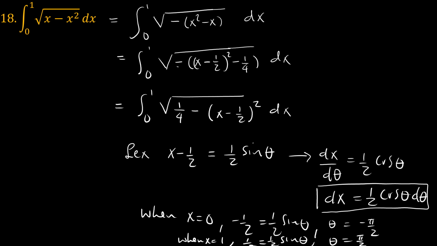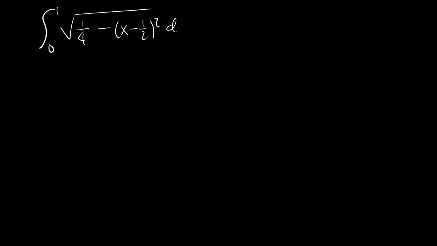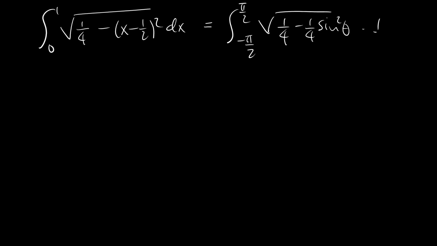So what we have here, the integral from 0 to 1 of the square root of a quarter minus x minus a half squared is equal to the integral from negative pi over 2 to pi over 2 of the square root of a quarter minus a quarter sine squared theta, times a half cosine theta.